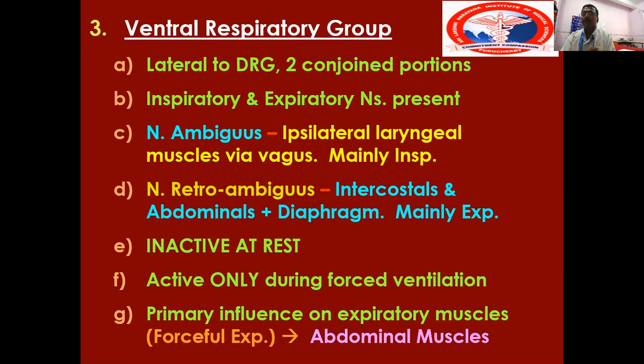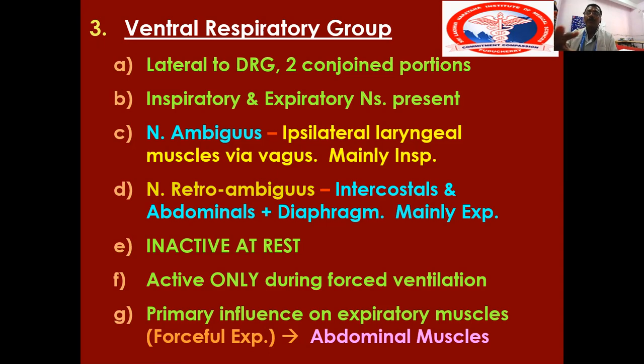Ipsilateral laryngeal muscles via the vagus, mainly it causes the inspiration. So the ventral respiratory group is believed to cause mainly inspiration, as well as the expiration previously told. To some extent it will give the expiration also, and the nucleus retroambiguus, intercostal muscles and abdominal muscles, diaphragm, mainly expiration.